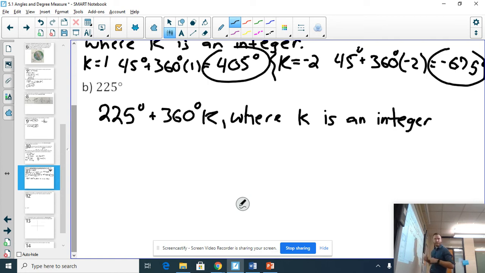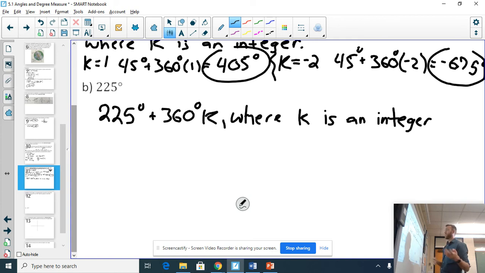Remember, what is an integer again? Negative 1, 2, 3, and so on, and then positive 1, 2, 3, and so on, right? And 0. So that's every possible angle that answers the first part, right?